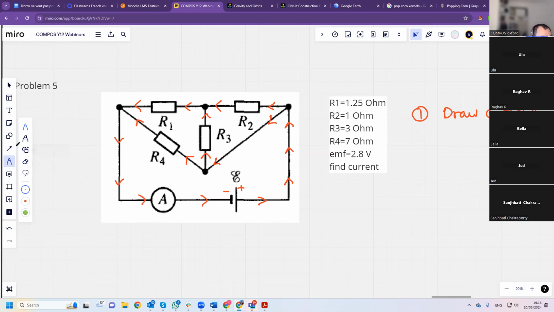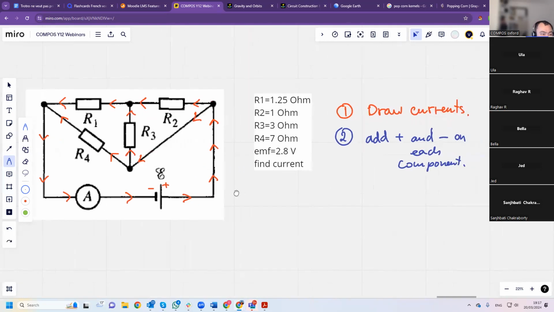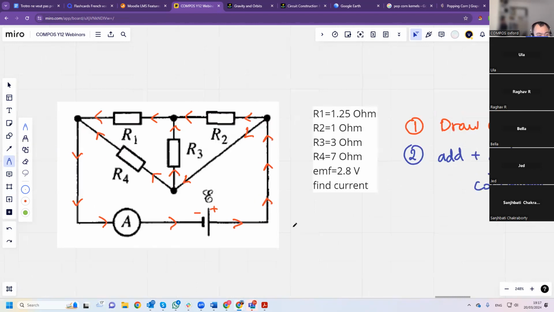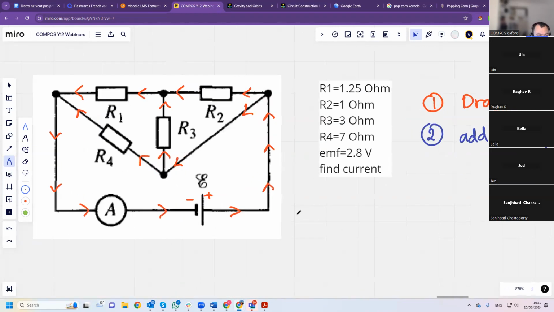Now I'm going to add pluses to each. So step 2, add plus and minus on each component. How does that work? Current always flows from high potential to low potential.